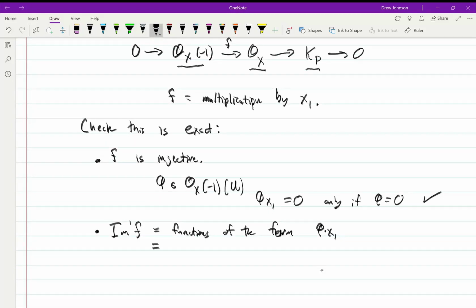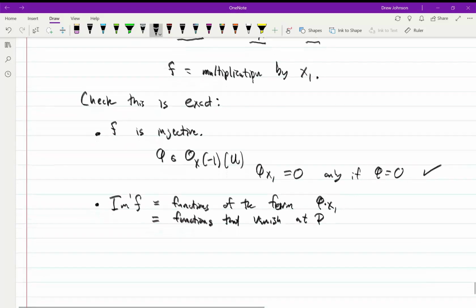This is exactly just functions that vanish at p. And the good thing about this is that you can see this is a local condition to check whether a function vanishes at this fixed point p. You can check that on an open set. So this is actually the image sheaf. So in this case, the image pre-sheaf was already a sheaf, so we didn't need to sheafify.